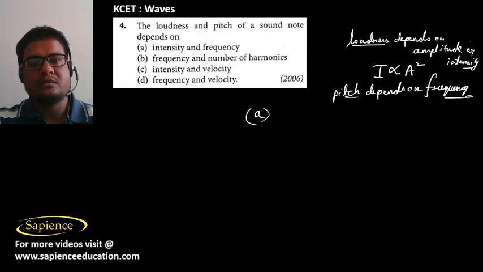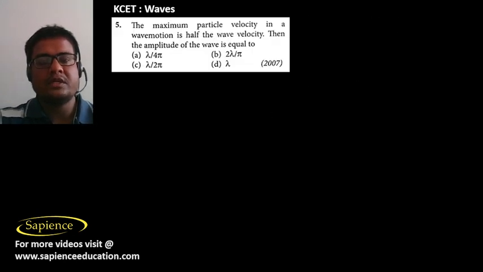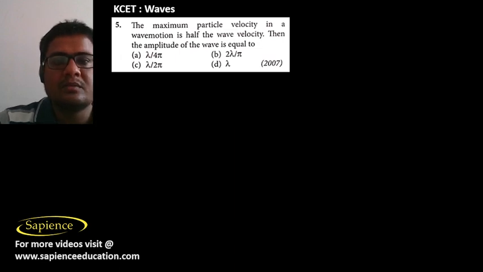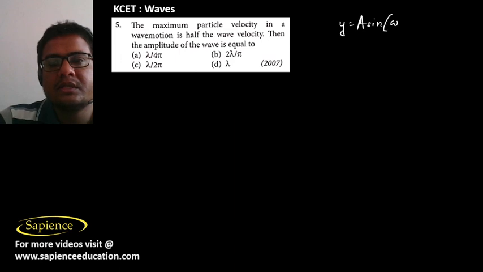Okay, then in question number 5, it is told the maximum particle velocity in a wave motion is half the wave velocity. The amplitude of the wave is equal to what? The maximum particle velocity means, you know that y equal to a sin(ωt − kx). This is the equation of a traveling wave.